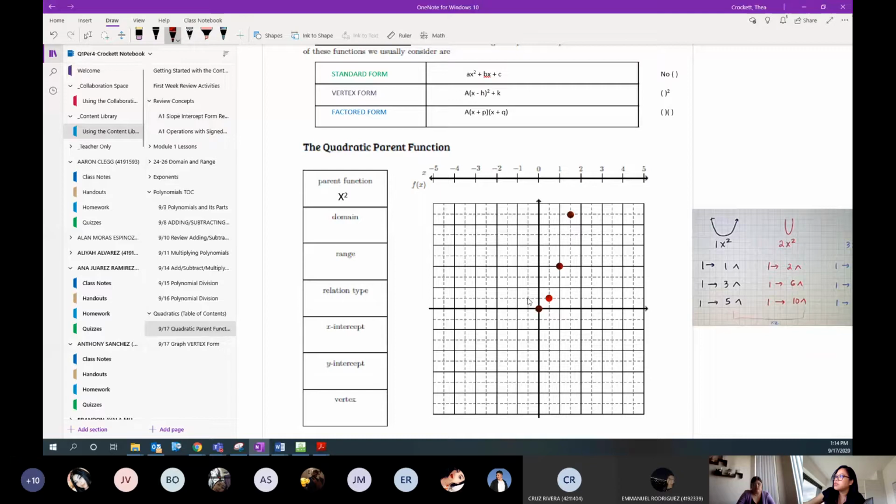We're just gonna do the same way on the other side. 1 side, 1 up. 1 side, 3 up. And then 1 side, 5 up. That's how we are going to be graphing parabolas. Okay.